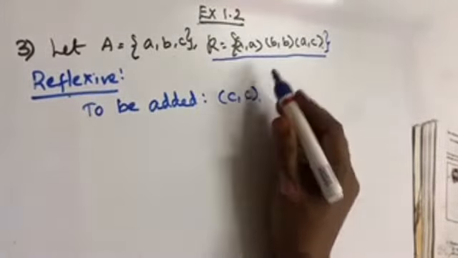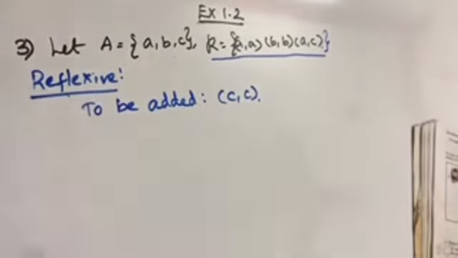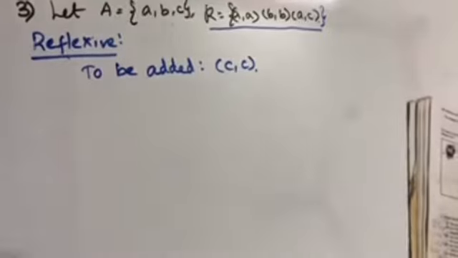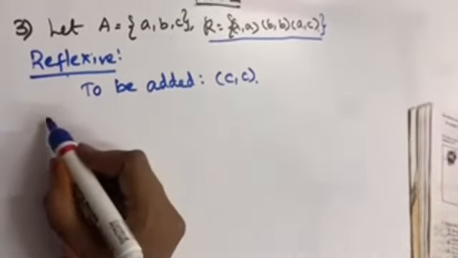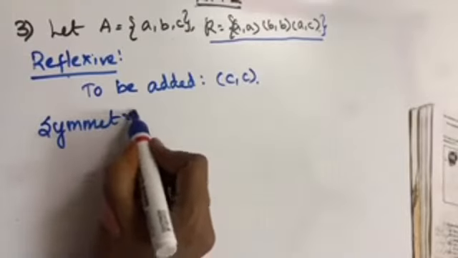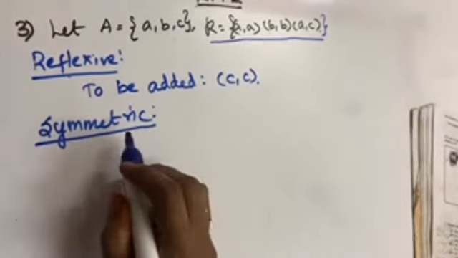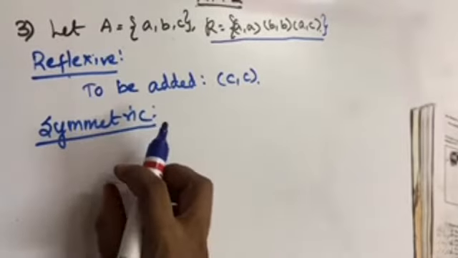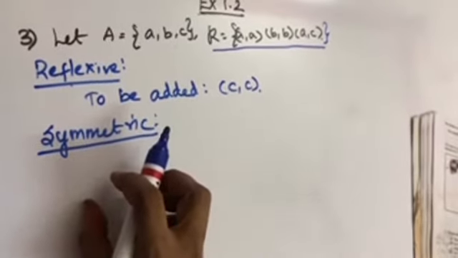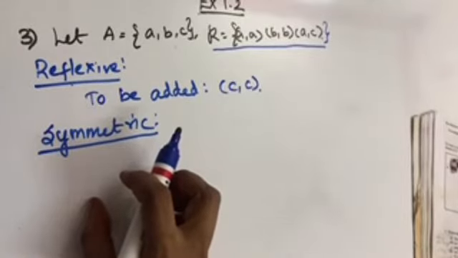This is the only term we need to add to R to make it a reflexive relation. Second, symmetric. They are asking for the minimum number of ordered pairs to be included. Even in the previous problem also, the minimum number of pairs, not all the pairs.